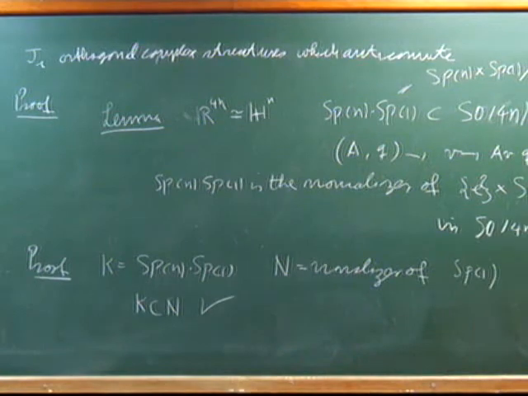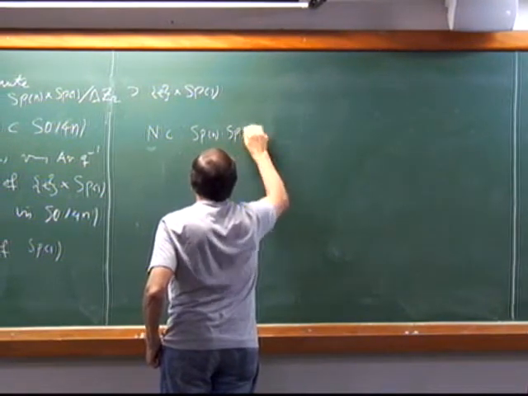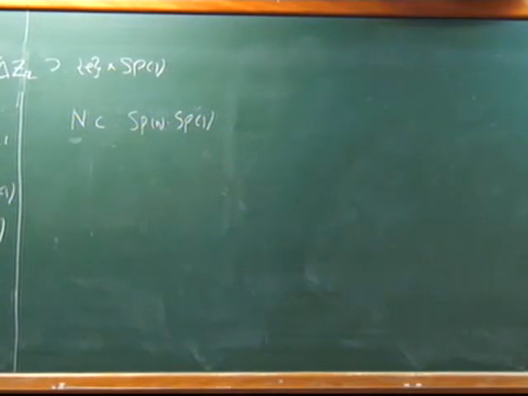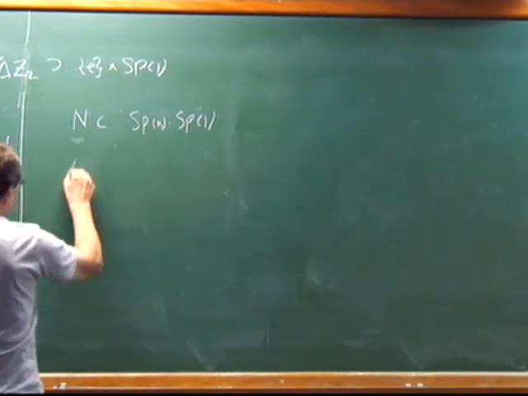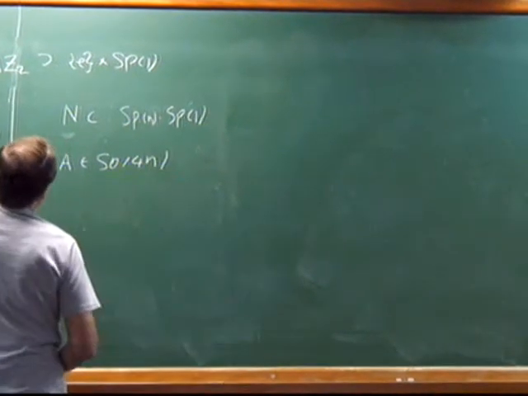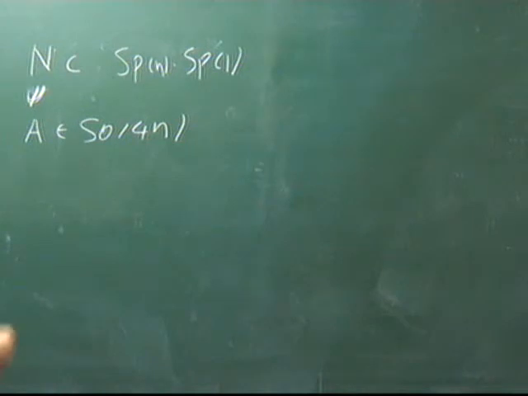I want to show N, the normalizer, is contained in Sp(n)·Sp(1). So let's take an element A in SO(4n) which normalizes the Sp(1).